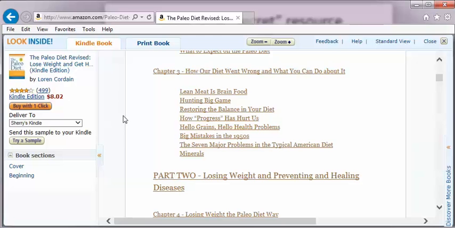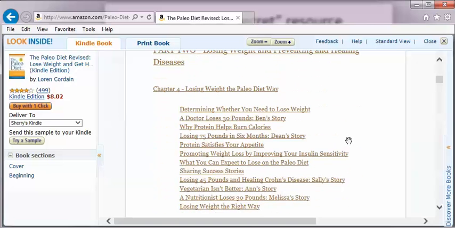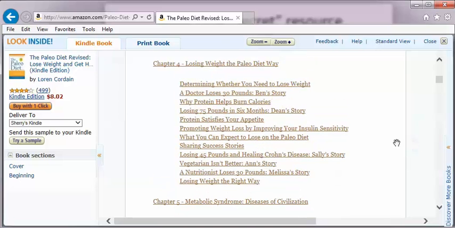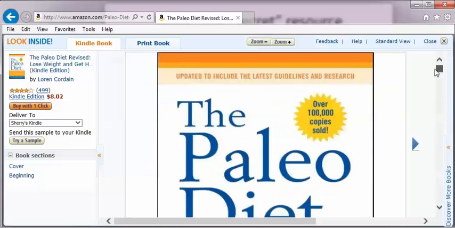And this has got tons and tons of information here you can get inspired by. Another great one, Vegetarian Isn't Better, Anne's story. So they do a case study in this book. So maybe you can talk about comparing the paleo diet to vegetarian diets or other types of diets. That would be a cool article to write about. So as you can see, this can work for any field.